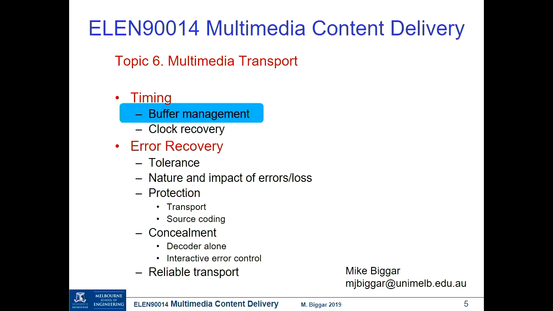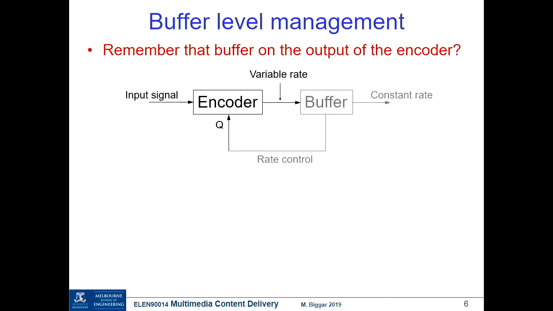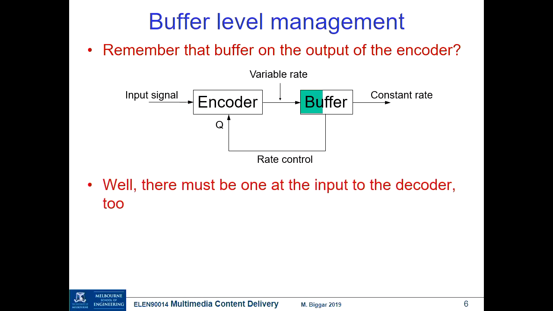The first one I want to look at is buffer management. We've talked a little bit about buffers. Remember the variable rate, constant rate thing, and this feedback loop and how we manage buffer fullness.